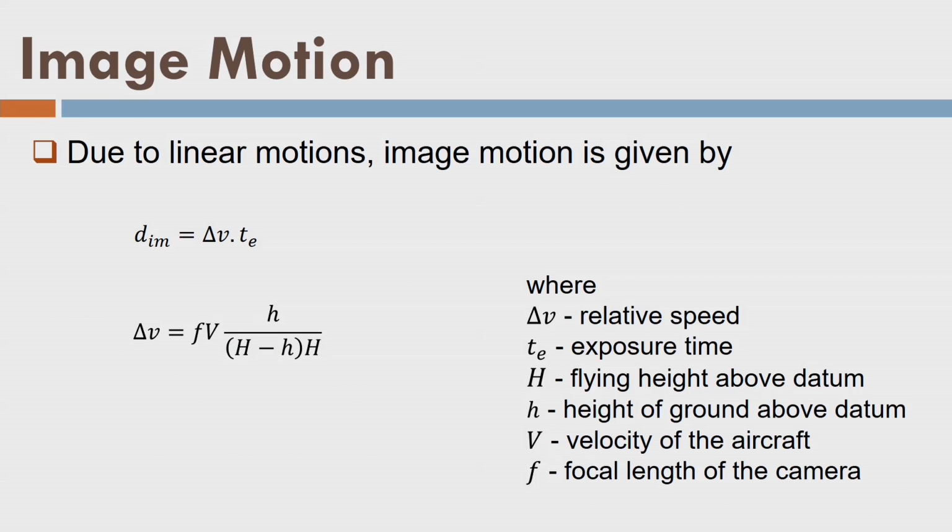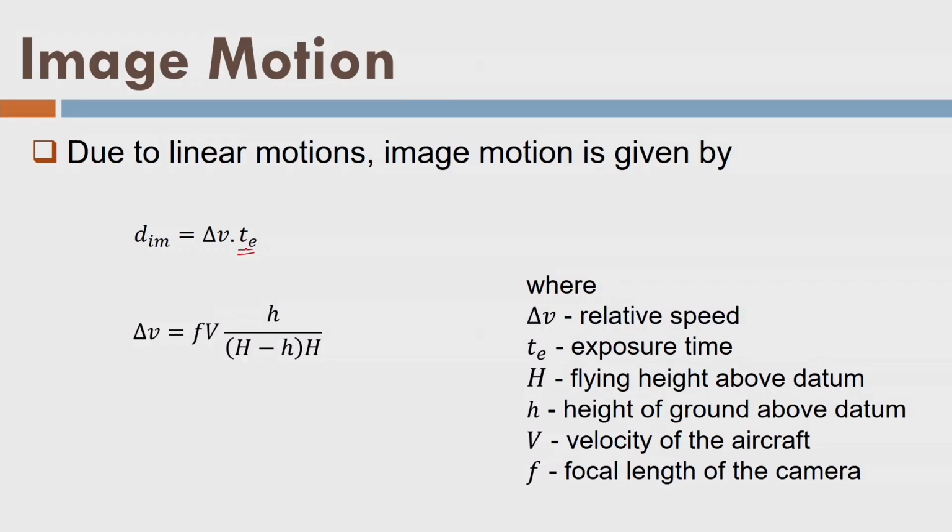Now let us imagine another situation where the aircraft is flying carrying a camera. So camera clicks, and the moment it clicks, the scene is acquired. During this time, which is in microseconds for which camera opens the shutter, that is called the exposure time, TE. Because of the movement of the aircraft, the point which should come here like this is the image, it will be shifted because camera is moving in this direction.